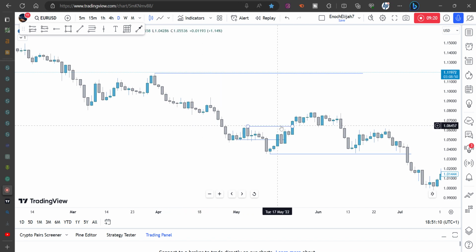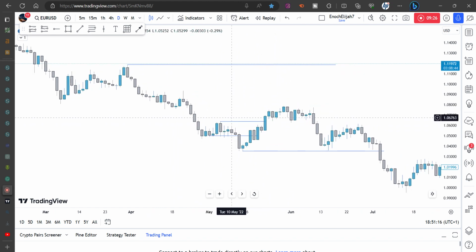Like I said earlier, once price broke this high here, some could just say okay, now we're bullish. No, because overall we're still selling. This break above will just be a liquidity grab, because we have an imbalance above it, you can see it right here.